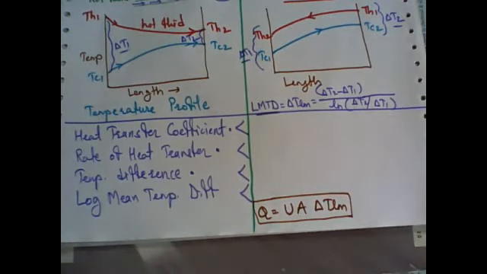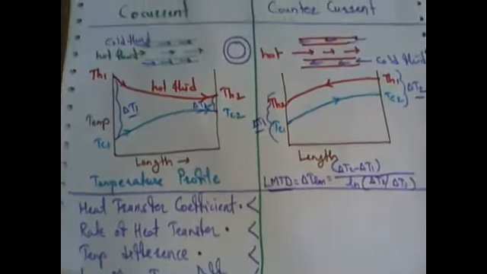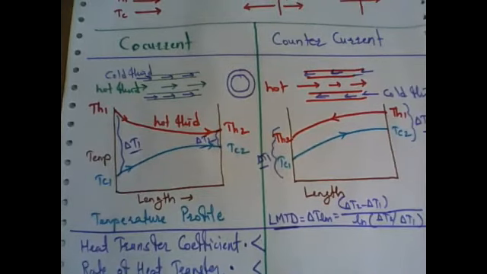So we should know all these formulas before calculating the unknown parameter, right? On the basis of this co-current counter current comparison, the temperature differences, and LMTD and Q calculation, we can calculate the unknown value from the numerical, right?